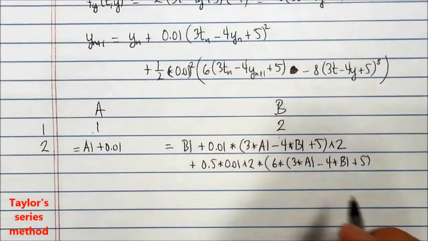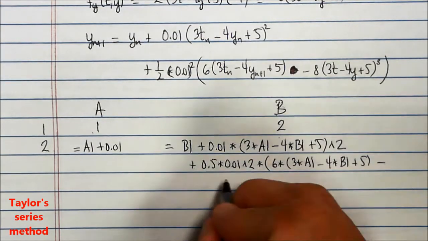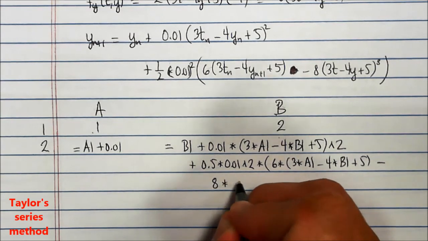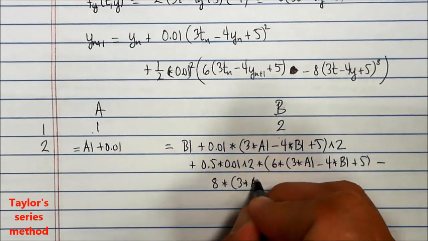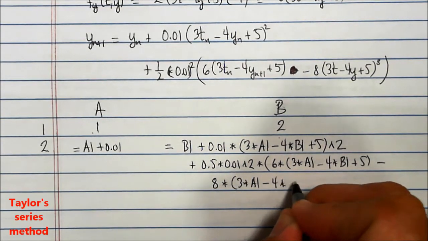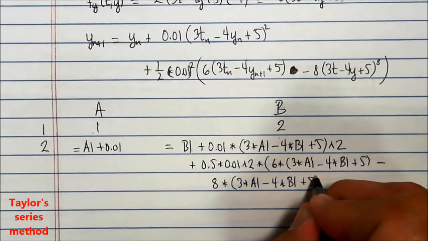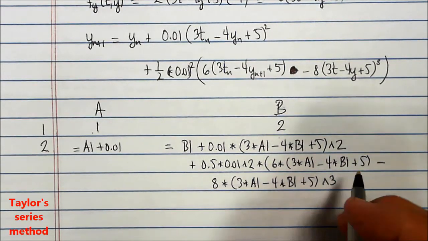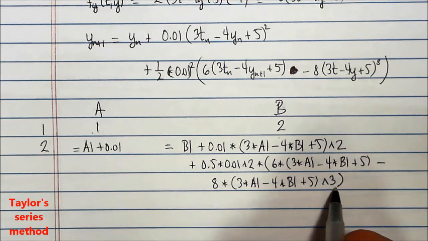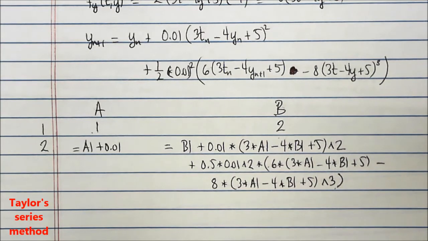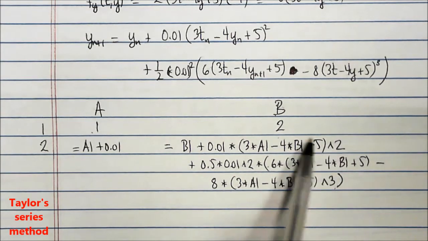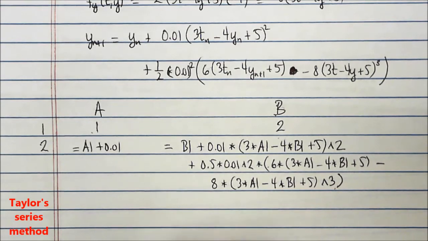I forgot that. Okay. Minus 8 times 3 times the previous t value minus 4 times the previous y value plus 5 to the third. And another parentheses, and that closes out this parentheses. And that is what would go in the contents of cell B2.